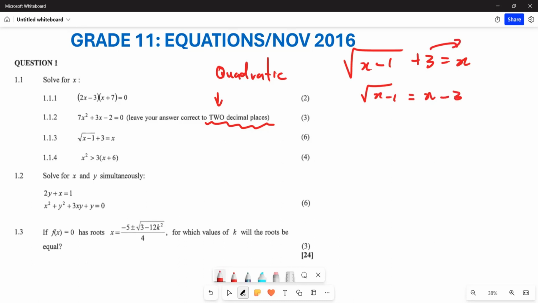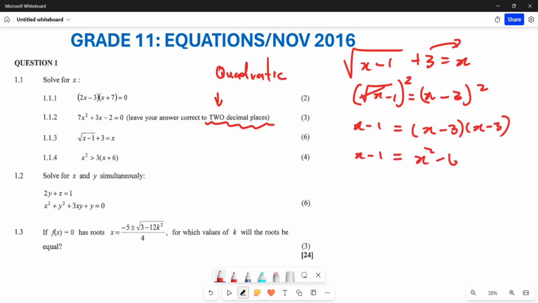Now from here, you are going to square both sides so that you can get rid of the square root. Which means x subtract 1 is equal to x subtract 3 times x subtract 3, which is x squared subtract 6x plus 9.